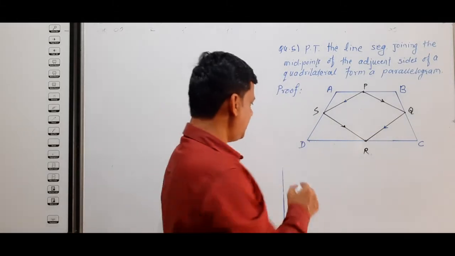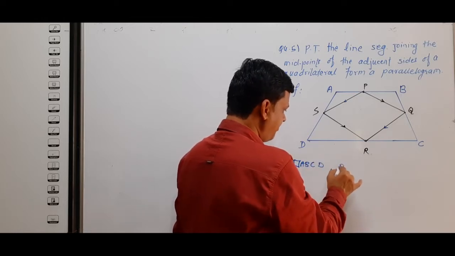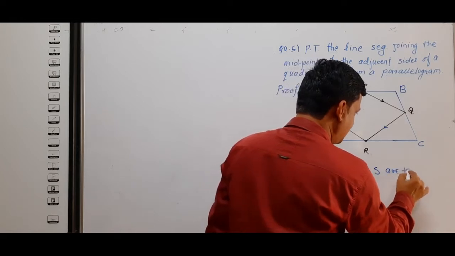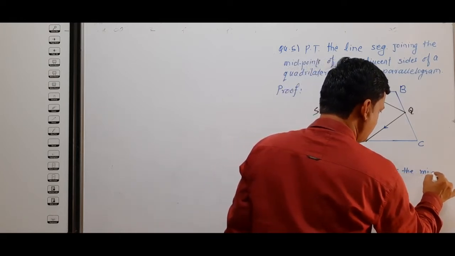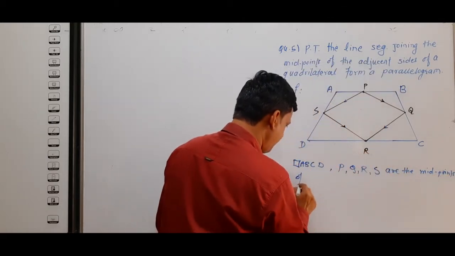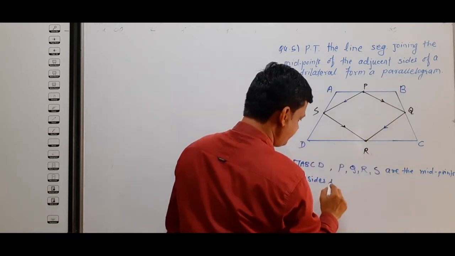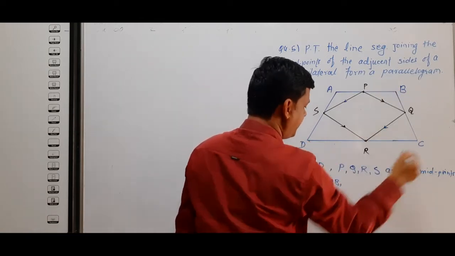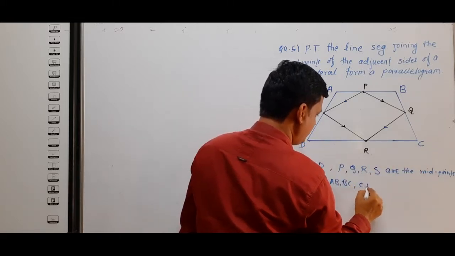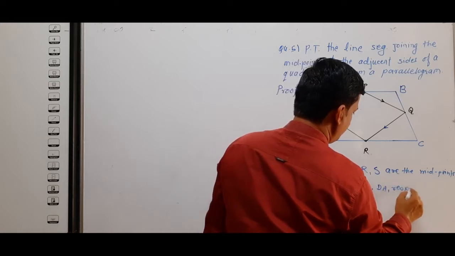So if we consider here quadrilateral ABCD, and if P, Q, R, S are the midpoints of sides AB, BC, CD and DA respectively.